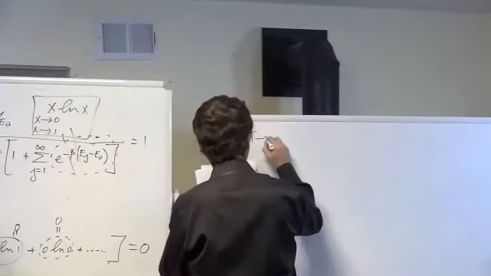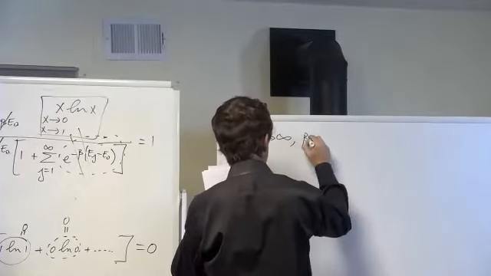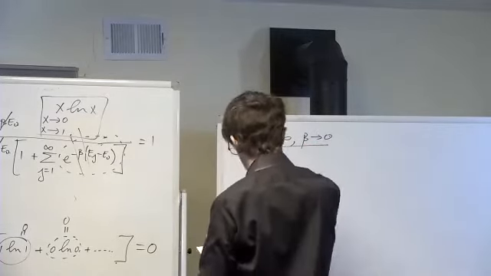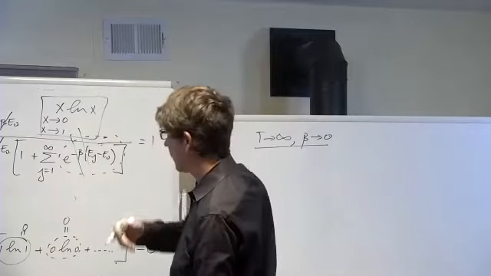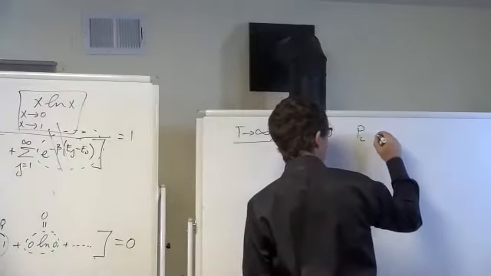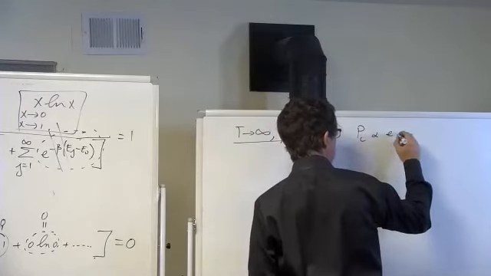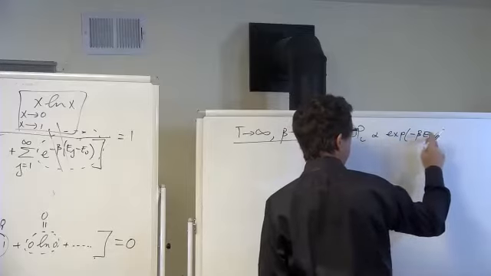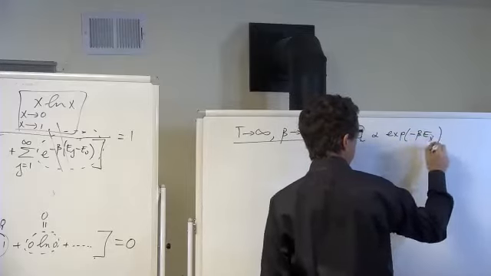So when t goes to infinity, now beta goes to 0. So when beta goes to 0, what happens to my probabilities? I have this set of probabilities, p_i, which are proportional to the exponential of minus beta E_i. Sorry, I wrote nu, it should be i.